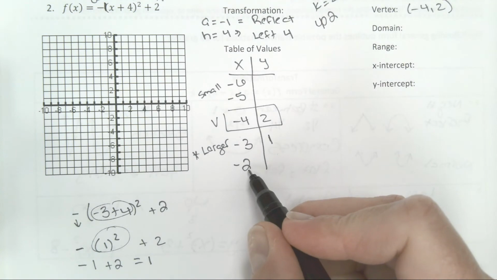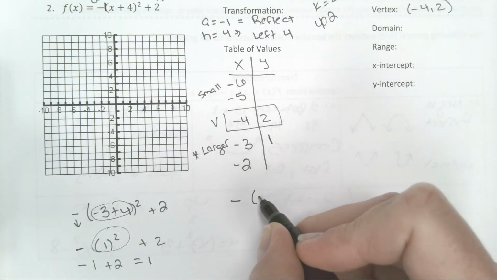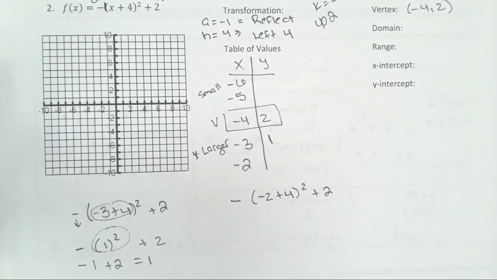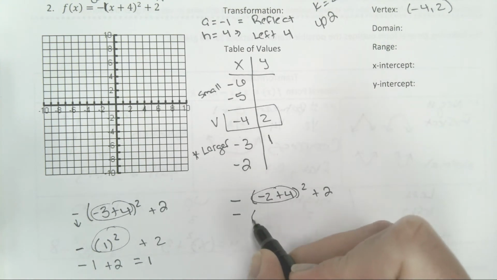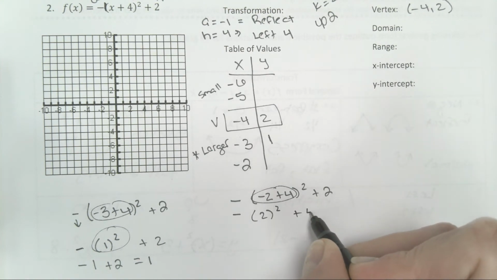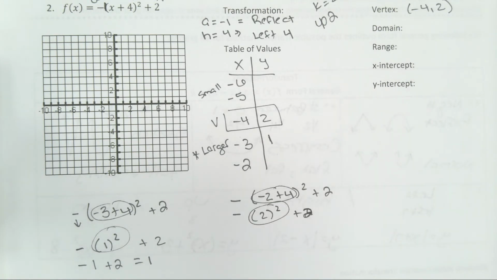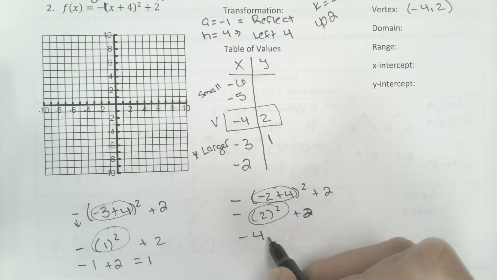Now I'm going to plug -2 in. So I have -|-2 + 4|² + 2. Got to do the math inside your grouping symbols first. You have to square the number before you change its sign. So 2 squared is 4.